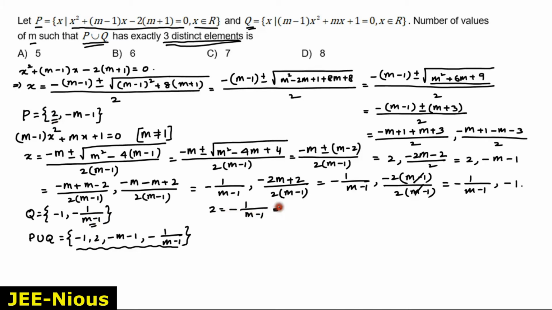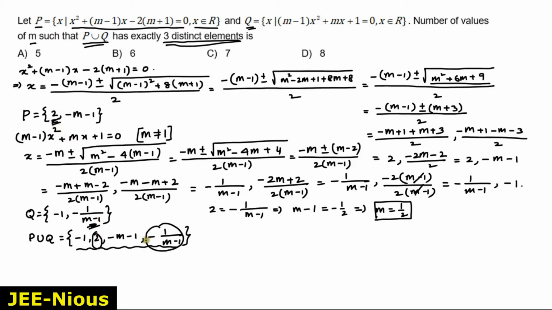So from here we are getting m minus 1 as minus half. So from here we are having m as half. So m can take the value half. If m takes value half, look at it carefully, then this element and this element will become the same. That is, this element and this element will be identical.